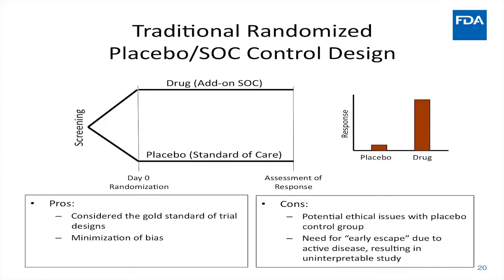So starting with the most traditional randomized placebo-controlled study, which is a pretty straightforward design. This might not be applicable for many of the really rare diseases, but we have good examples where this was used. For example, the core trial that supported approval of tocilizumab was a randomized placebo-controlled trial.